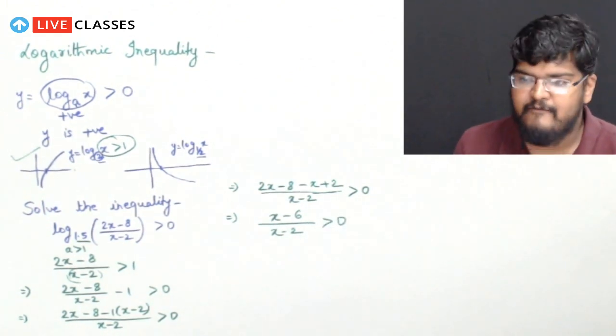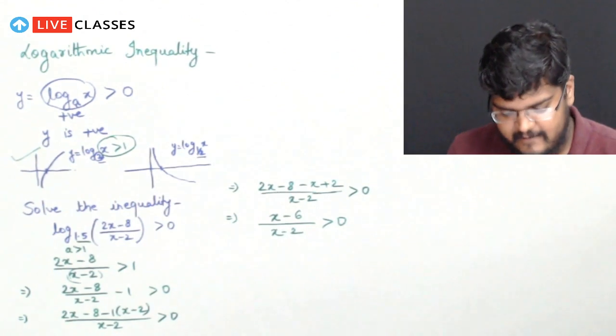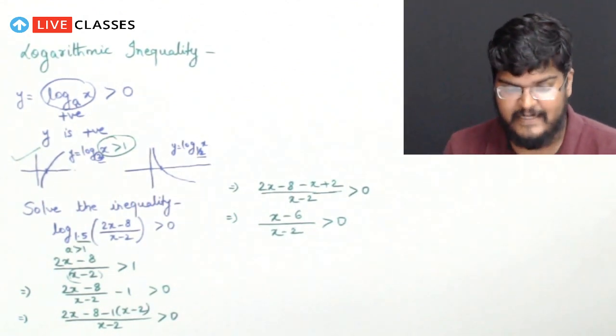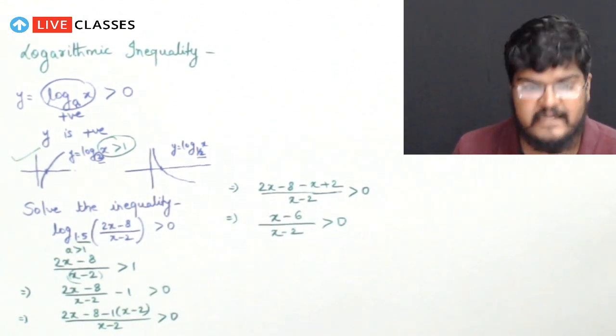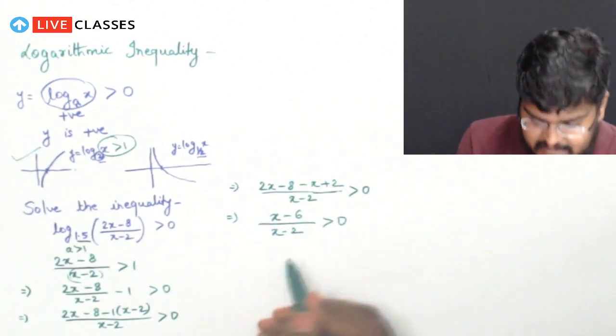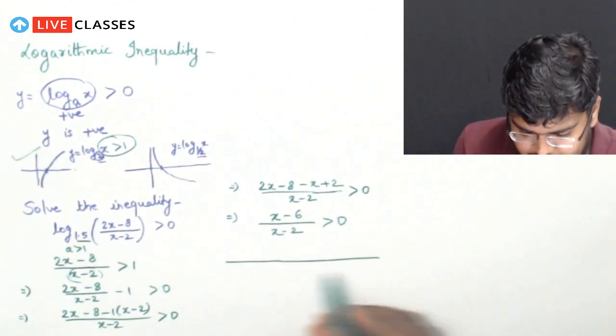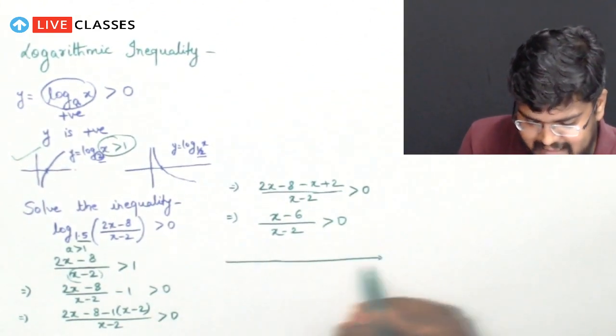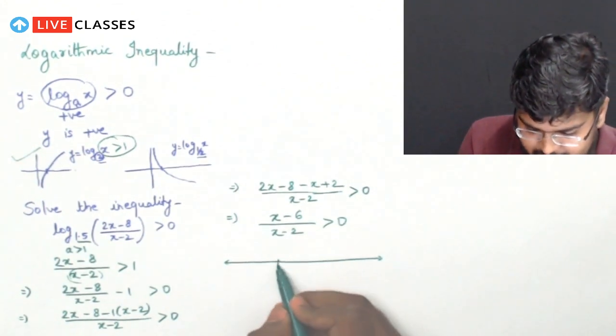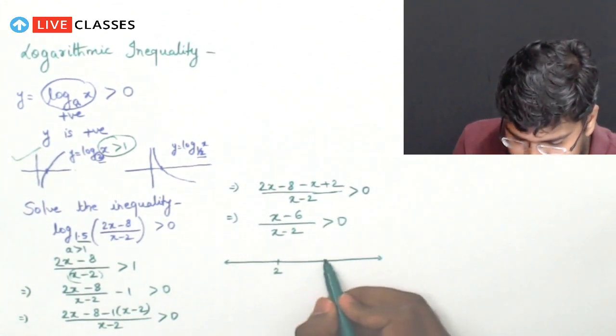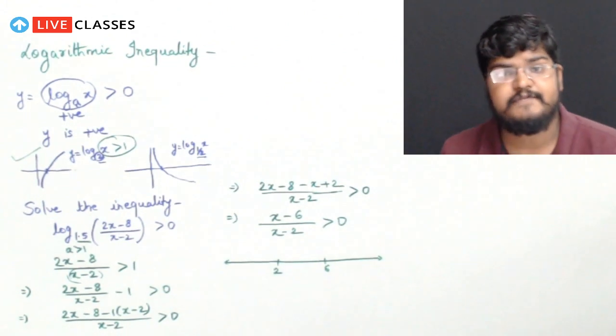So guys, we have finally come to that part of our inequality where we just have to find the values of x that will satisfy our final condition. For this we'll take a real number line, and on this we'll have two critical points, one at x is equal to 2 and the other at x is equal to 6.